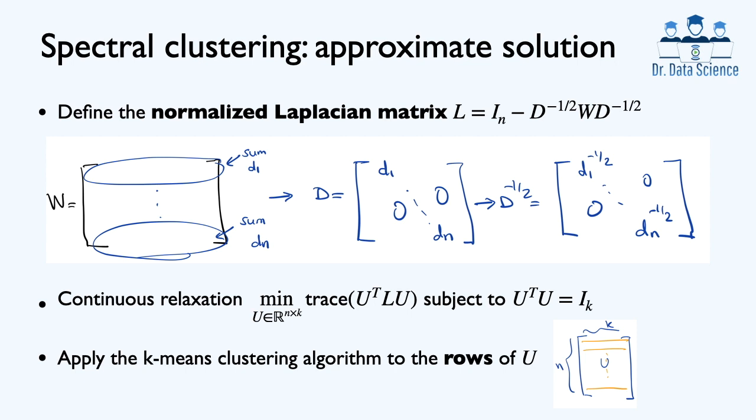So now you can think of having n data points in a k-dimensional space where k is the number of clusters. And you apply the k-means clustering algorithm and you find the partitioning of data using this new representation given by the matrix U. However, there is one thing that is left here, and that is how to find the matrix U.